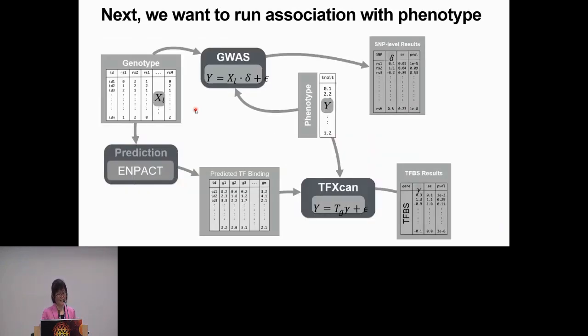So next, this is where I got hung up before. Now that we have the genotype data, we run it through our MPAC prediction and we get predicted transcription factor binding. Then we can associate with the phenotype, and that gives you association results. As for how big a GWAS is, typically hundreds of thousands of samples.